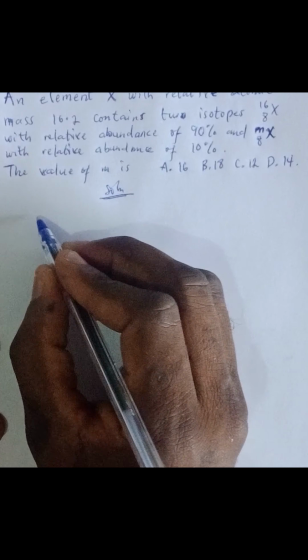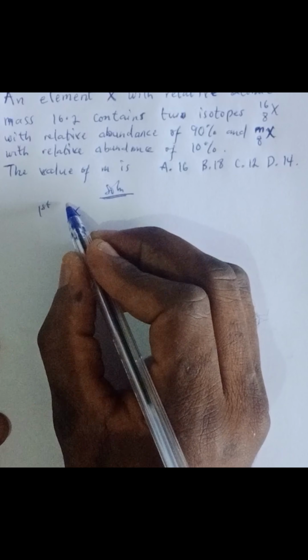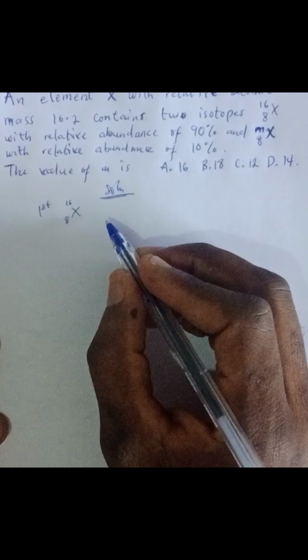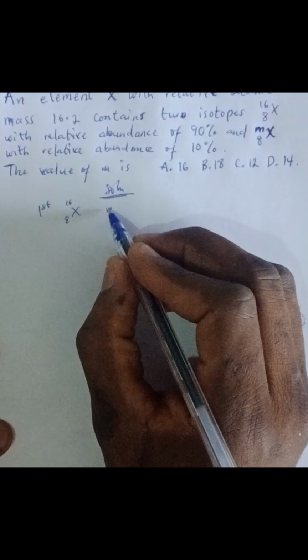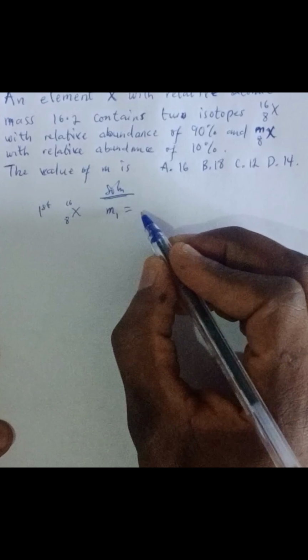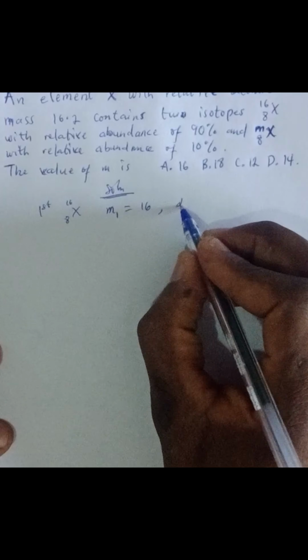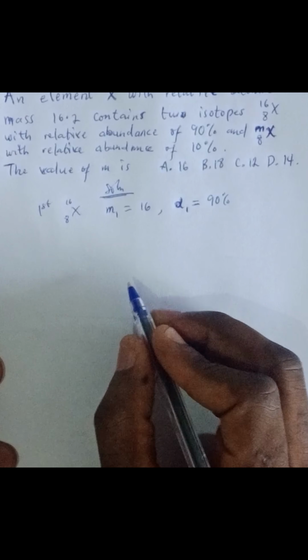Now, let's see our first isotope. Our first isotope here is 16. Mass number is 16 and atomic number is 8, right? Which means our mass, let's call it M1, is equal to 16. And the relative abundance, let's call it alpha 1, is equal to 90%.